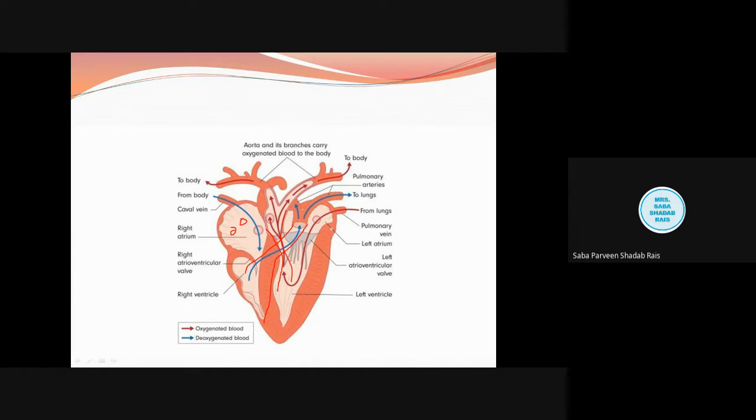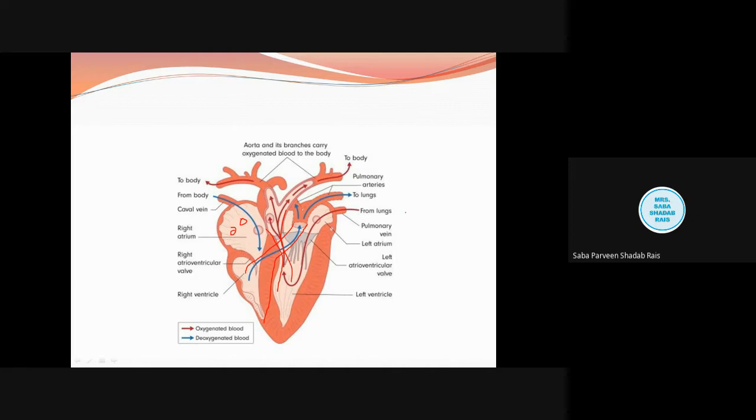What will happen in the lungs? The gaseous exchange will occur, and after that the blood will become oxygenated, and this oxygenated blood will be given back to the heart for the purpose of distribution.